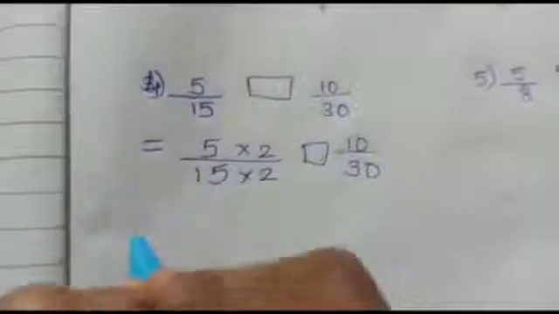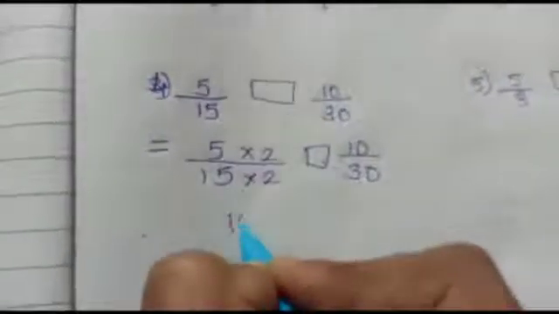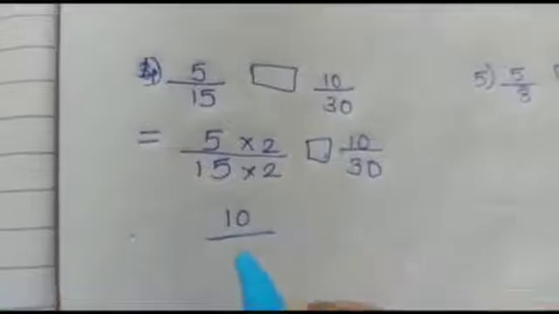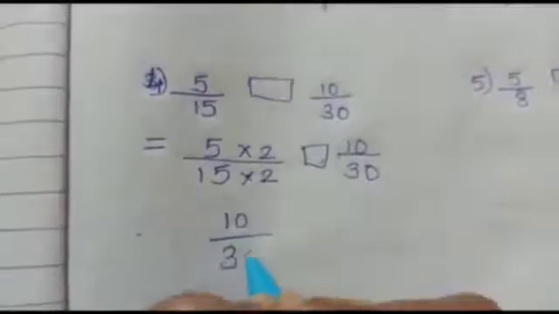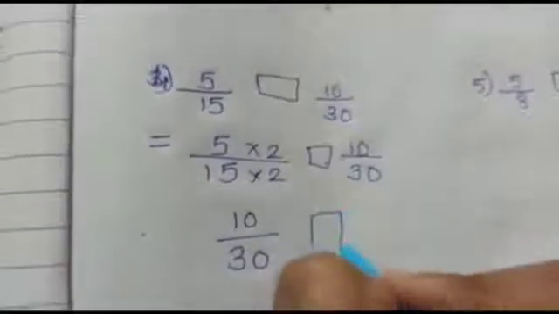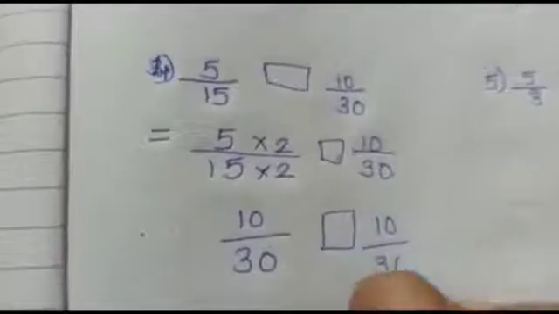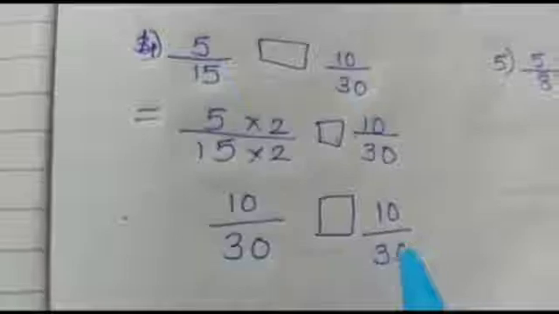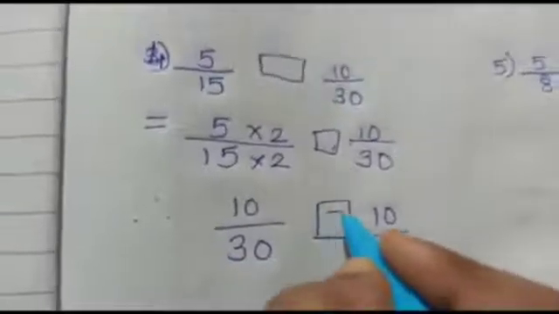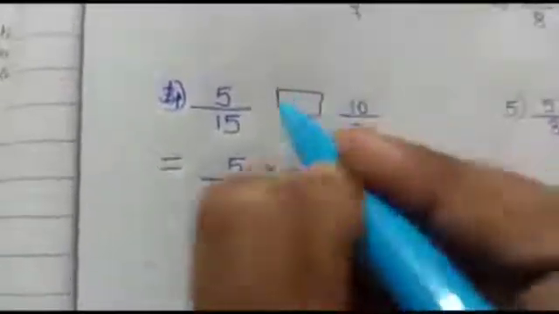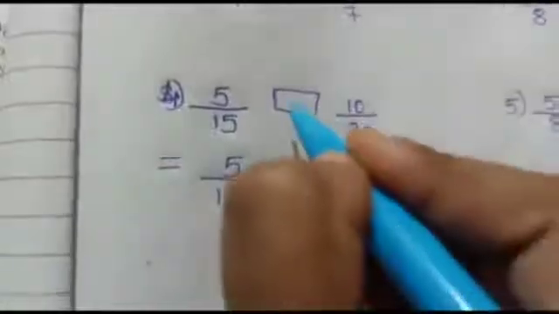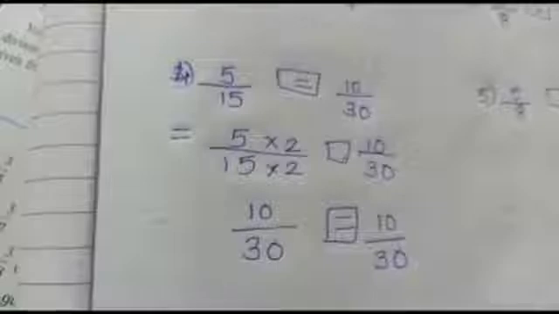Therefore 5 twos are 10, 15 twos are 30, and 10 upon 30. Now you got both the fractions the same, so that means both the fractions are equal to each other. So 5 upon 15 and 10 upon 30 are equal to each other. Understood how to do this?